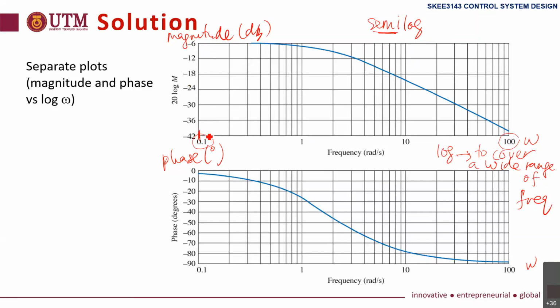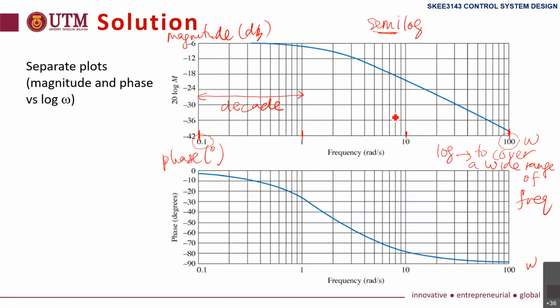If you choose 0.1, the scale starts big but keeps reducing. Up to here, we take as 1. Next one is 10. The other one, 100. The other one, 1,000. From here to here, we call a decade.